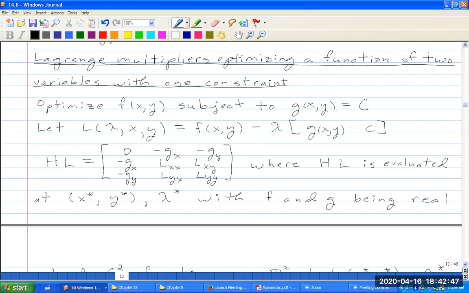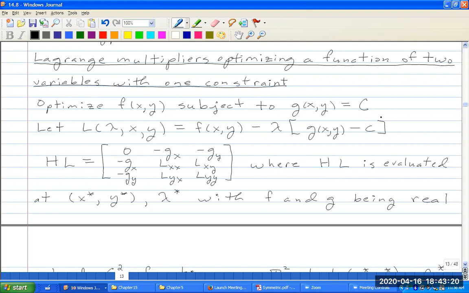So let's get into the habit, even though I keep alternating myself, of putting a minus sign here. Again, it doesn't matter. Having the constant pulled over to the other side, so g(x,y) minus c.